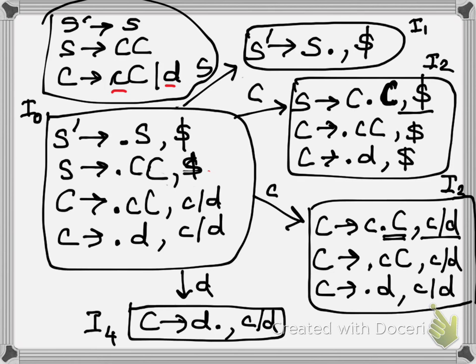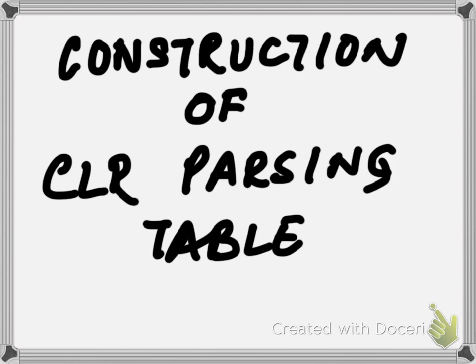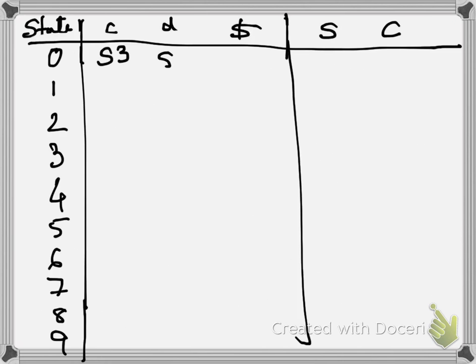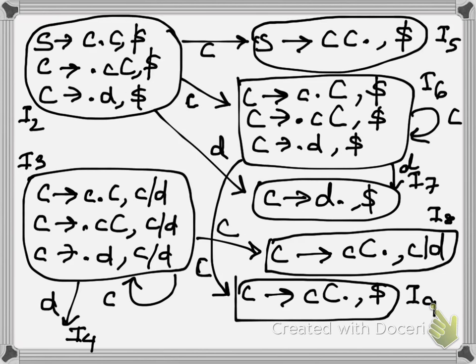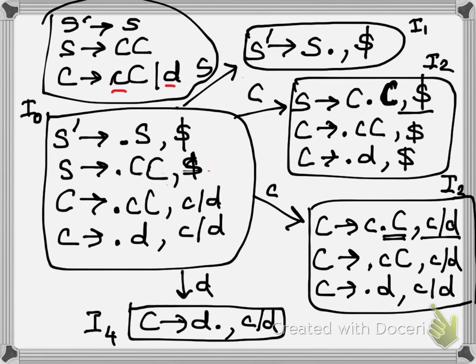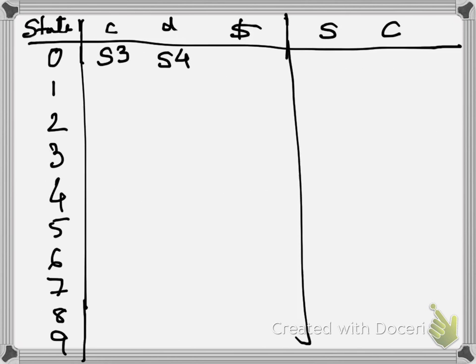So this will be I0 on d will shift to 4. Then I0 on S goes to I1 and on C goes to I2. So this part here, this will be 1 and this will be 2.